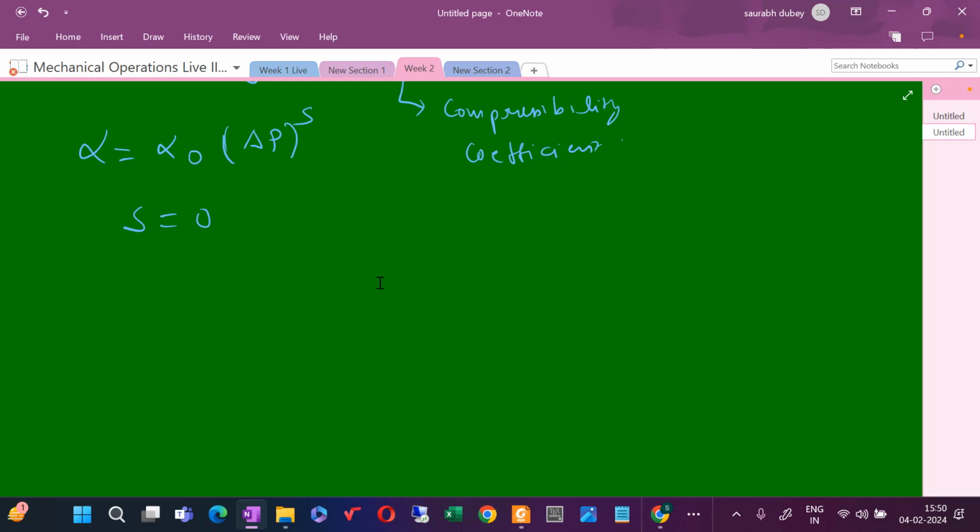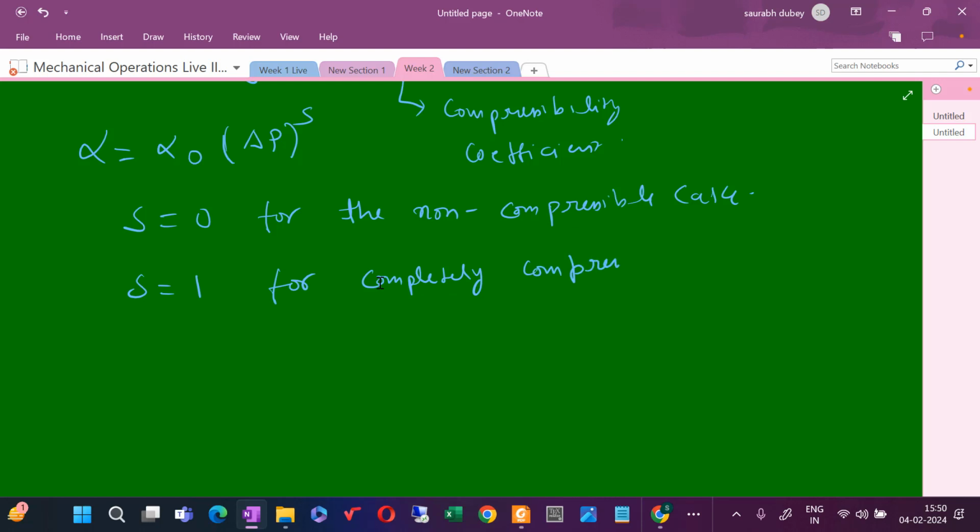So s equals 0 is for the non-compressible cake, and taking it as a linear function of delta p, s equals 1 is for a completely compressible cake.